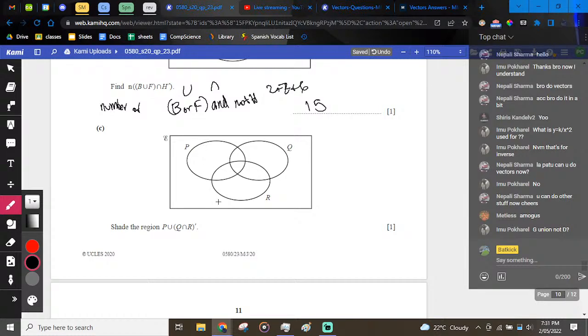Shade the region P union, P or Q and R not.